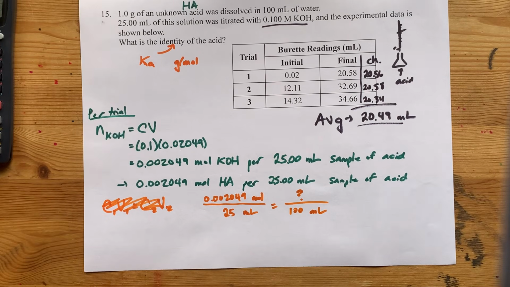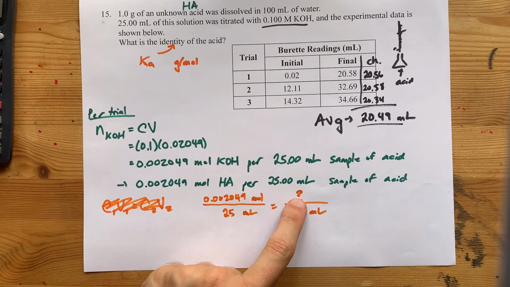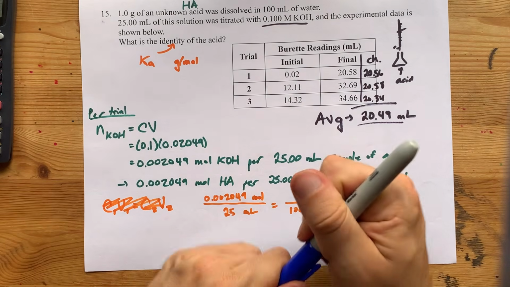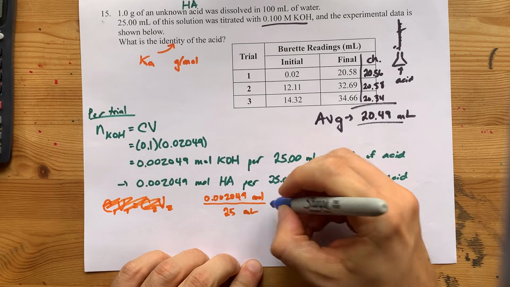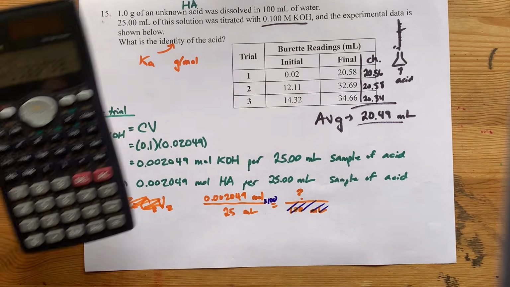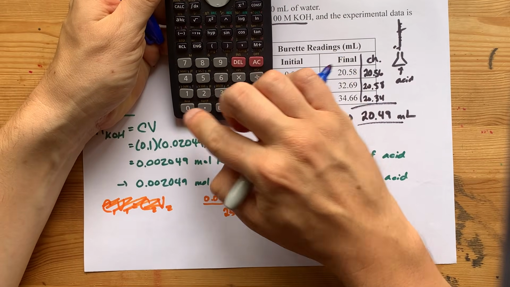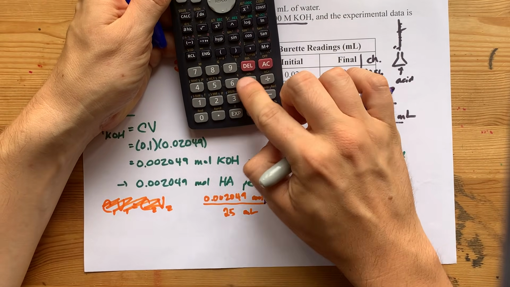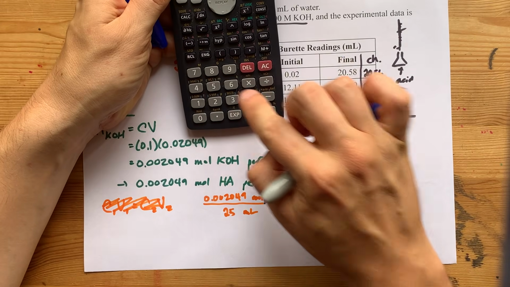See, that's kind of like an equivalent fraction. In order to solve for that number of moles there, I undo dividing by 100 and times by 100 on the other side. 0.002049 times 100 divided by 25.